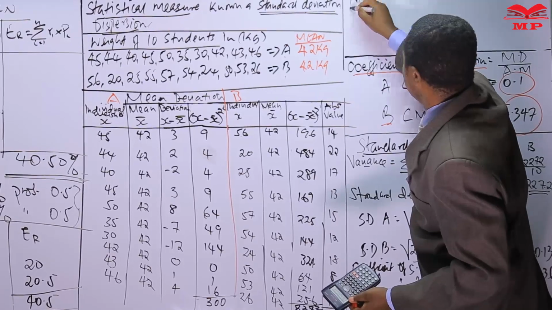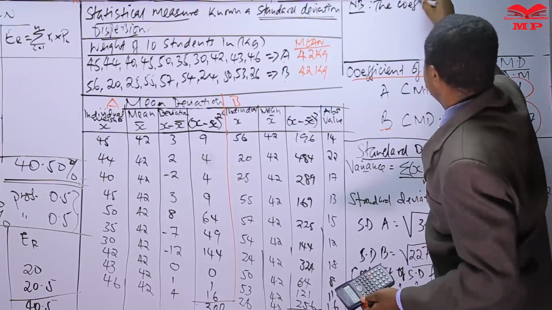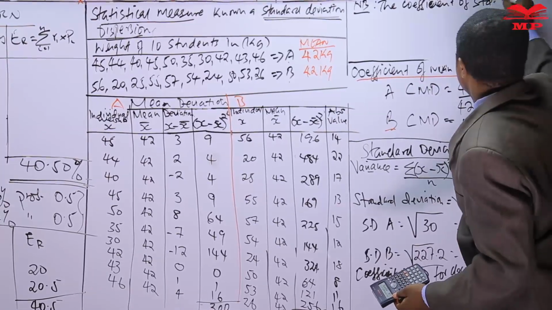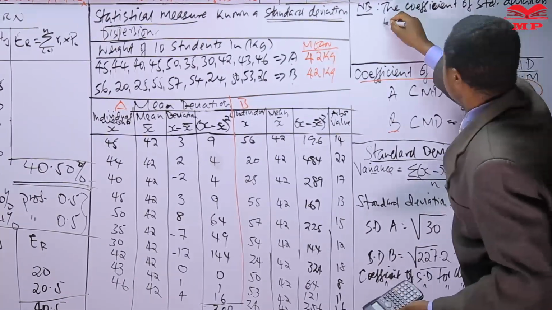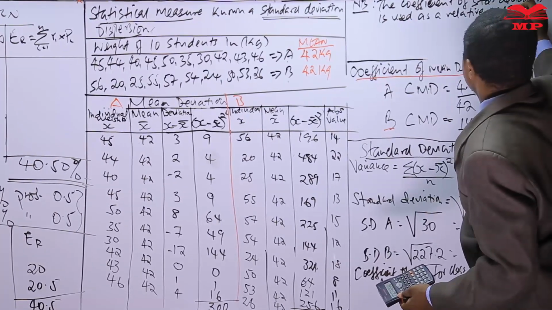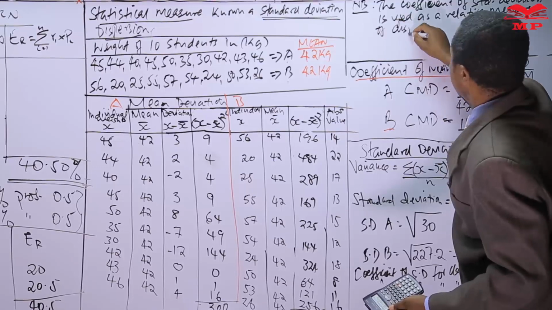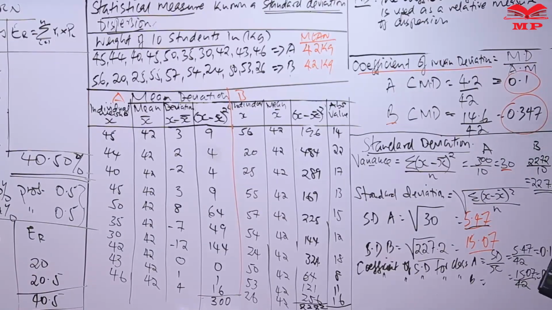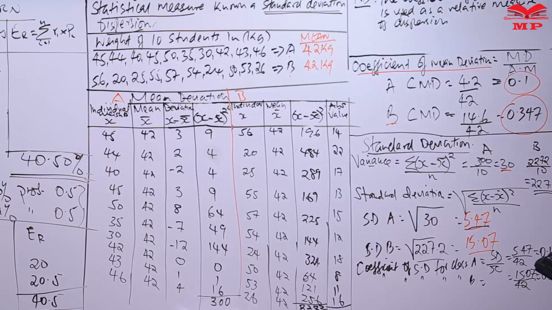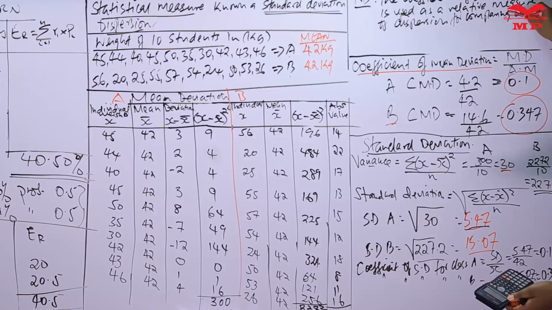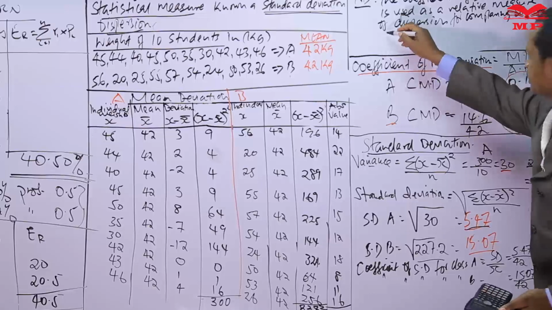It is used as a relative measure of dispersion for comparing similar data or series.